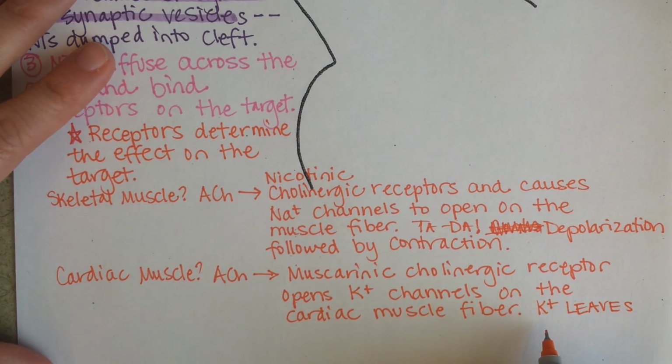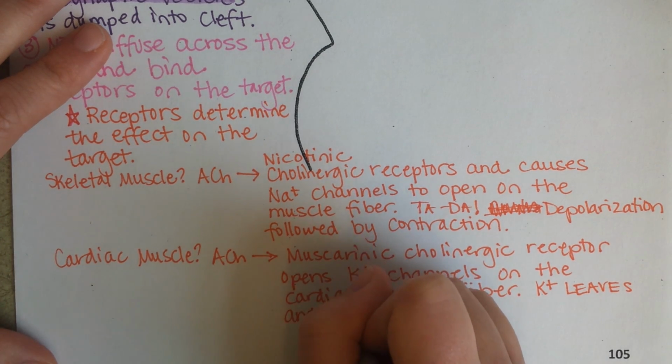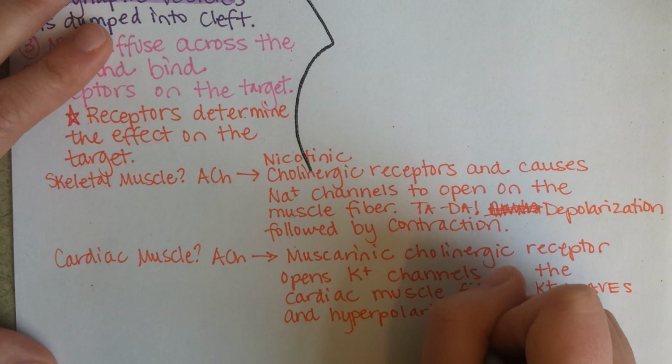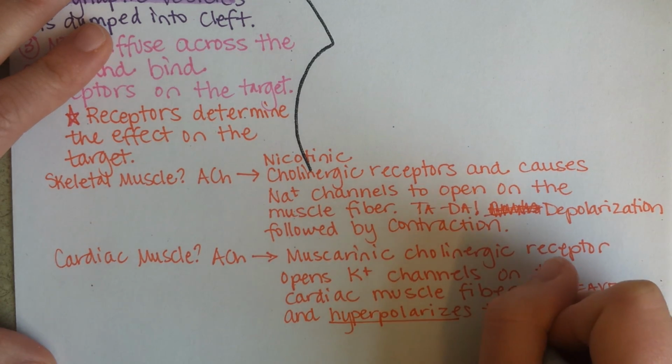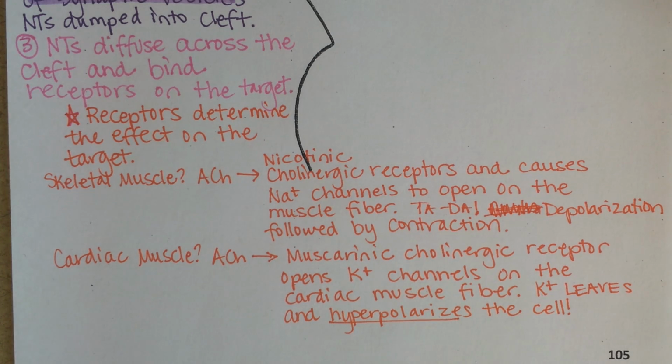You have positive going away, so you end up more negative, right? So potassium leaves and hyperpolarizes the cell. This is going to make fewer contractions in the cardiac muscle, and the heart will slow down.